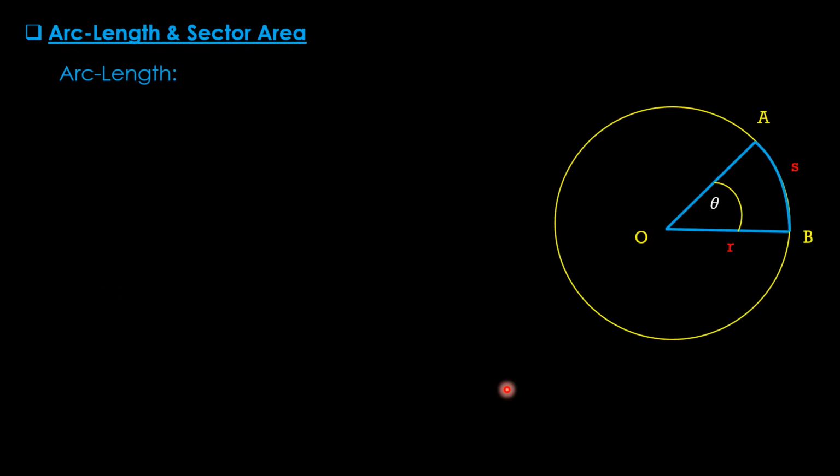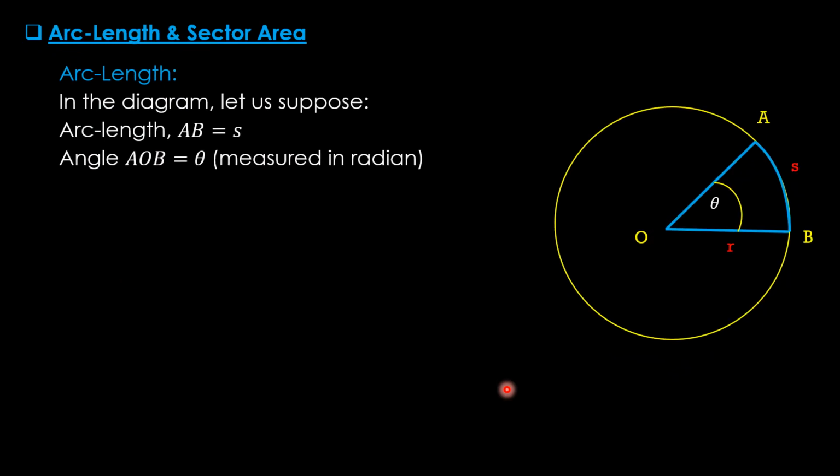Now arc length. In the diagram, let us suppose arc length AB equals S and angle AOB equals theta, measured in radians. Now arc length over circumference equals theta over 2 pi.